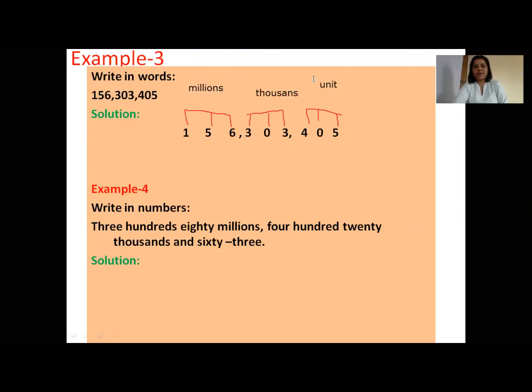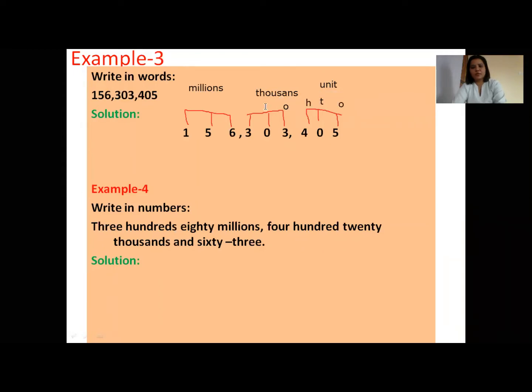Now each period has 3 places, so we write all the 3 places here. O for ones, T for tens, and H for hundreds. Again the same process here.